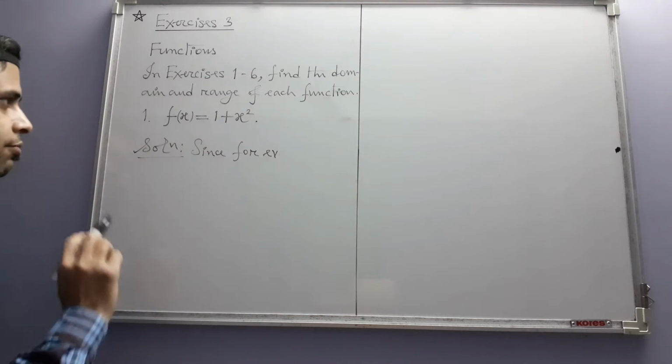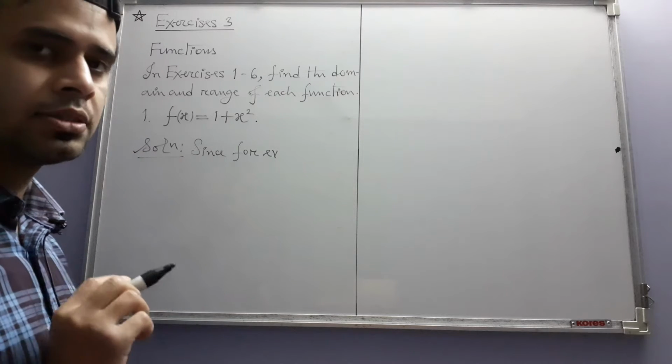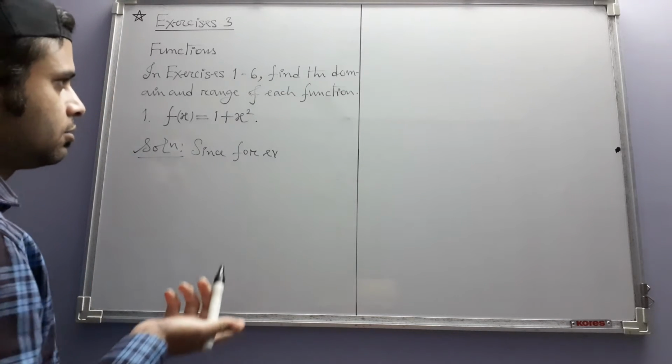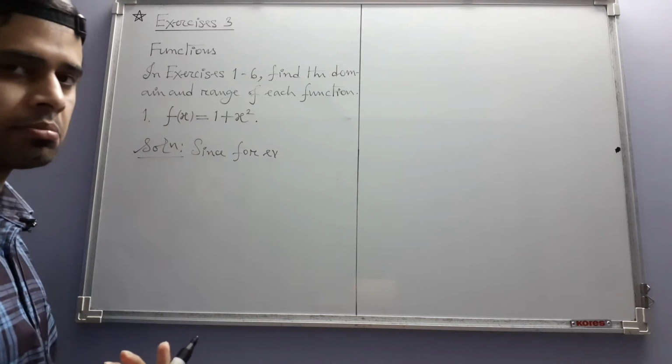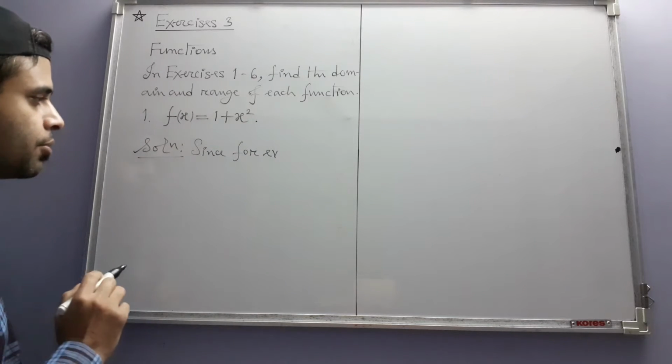So here in the first one the function is 1 plus x square, where you can clearly see that you can in fact put any real number x here in this formula.